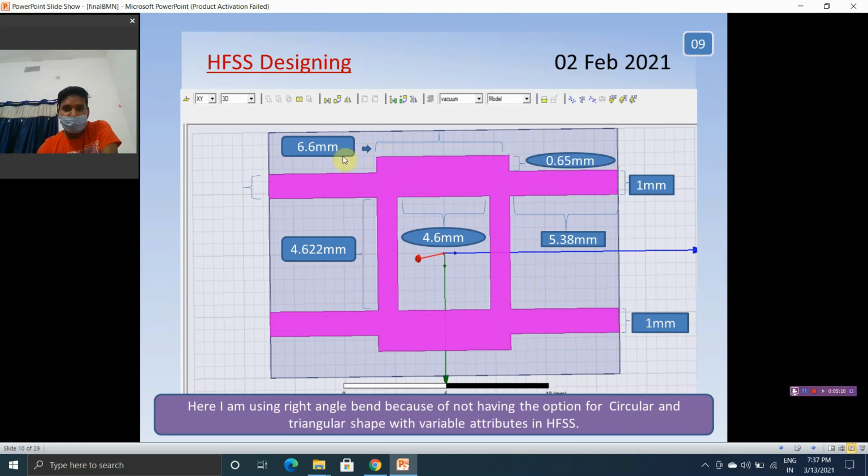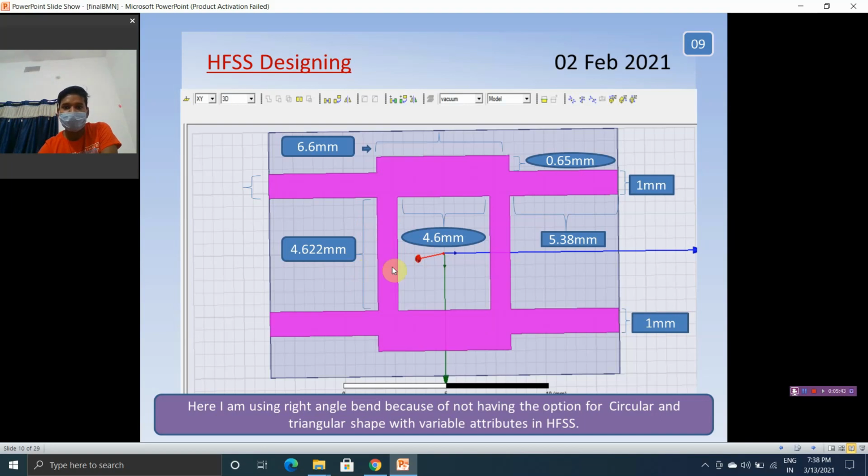These dimensions are all optimized, because you can see the length is 4.622. First we need a brief idea or brief calculations using the online calculator, and by designing in variable form in HFSS we can optimize to get the best results.